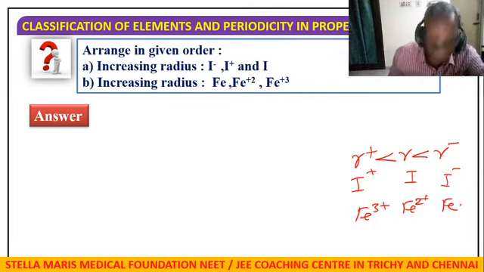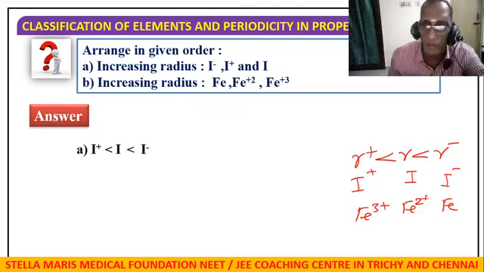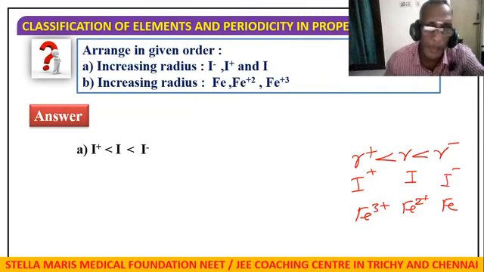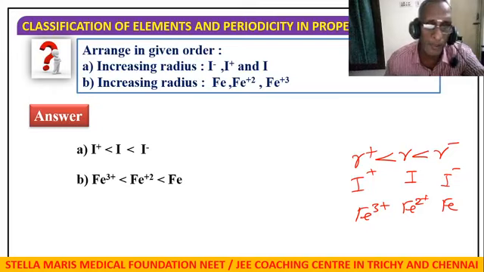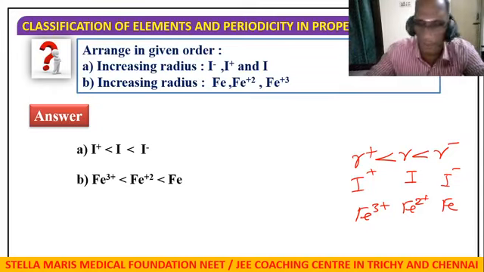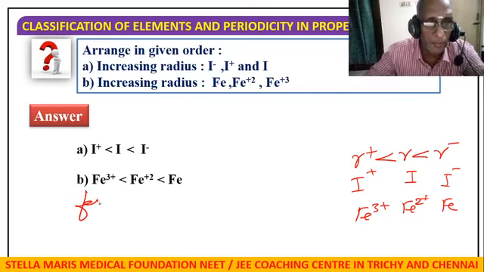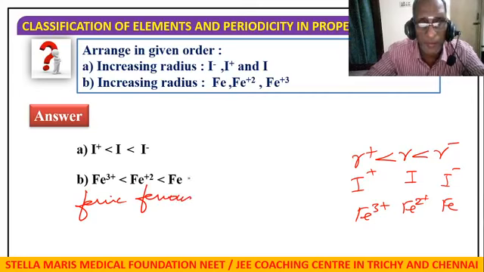Let us check. I plus is less than I minus. Next, Fe3 plus is less than Fe2 plus, less than the iron atom. Fe3 plus is called ferric. Hereafter everybody please be careful, as I already told you. Fe2 plus is called ferrous. This is only for iron.